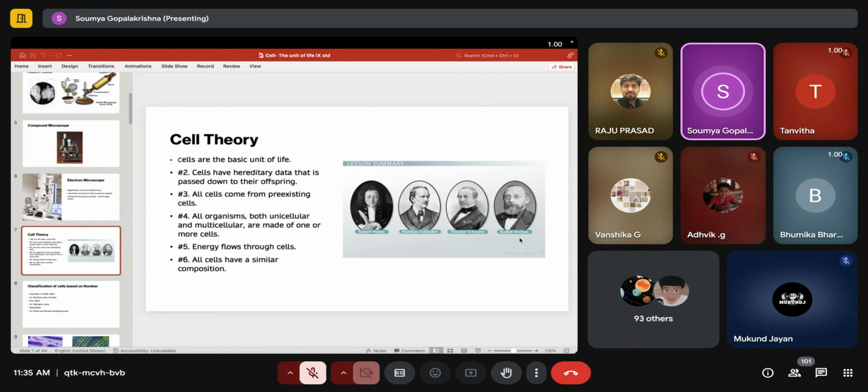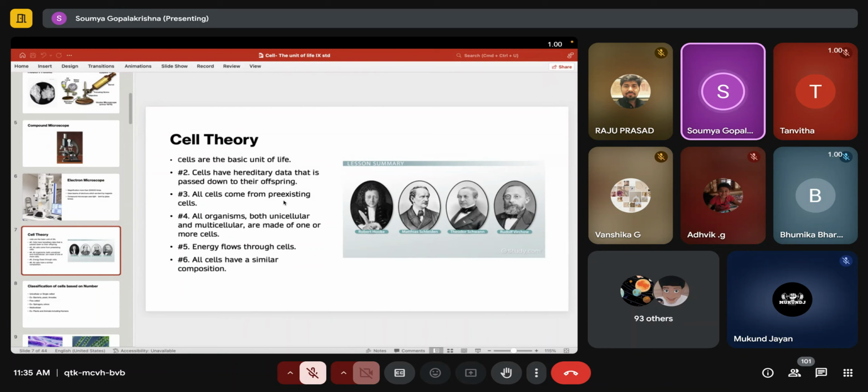Those three together came out with what is called cell theory. What is cell theory? It is a set of postulates. What is a postulate? A postulate is a statement which has been proved.